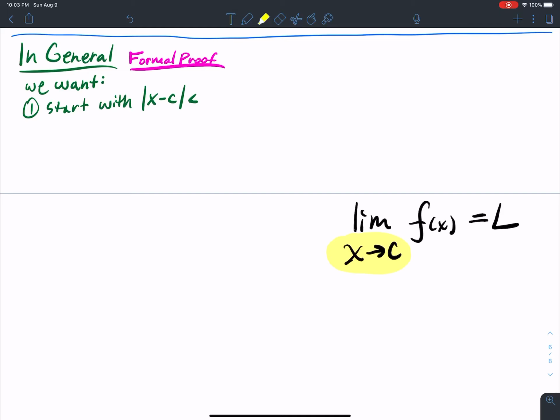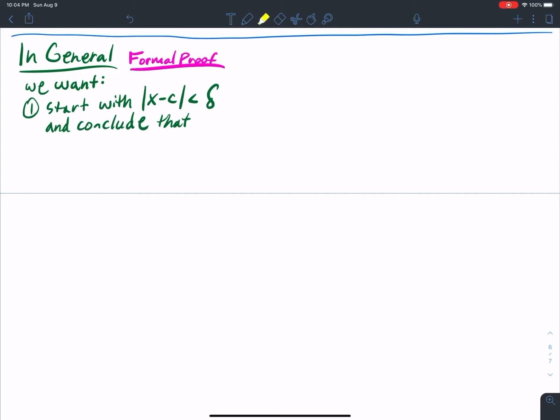And we want that absolute value, the distance between x and c, to be less than delta. Okay, that's my fixed delta value, that distance between the x and the input c. And then once we have this here, we conclude that the absolute value of f of x minus L is less than epsilon. And that's the final conclusion there. So with the formal proof, we start here and we finish here, okay?